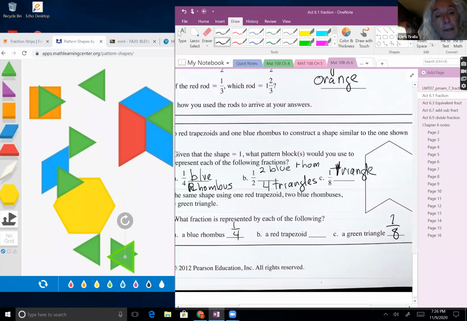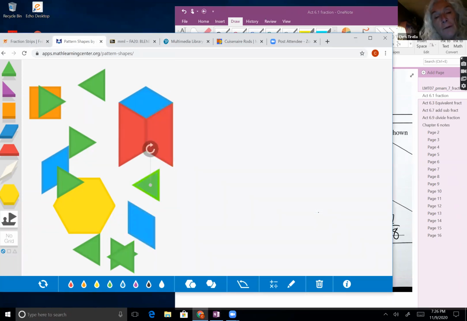I'm thinking we showed that it could be 4 rhombuses, so the rhombus is a 4th. We showed that it could be 8 triangles, so a triangle is an 1/8. The trapezoid is a little bit smaller than a half, because the whole thing is 2 trapezoids.